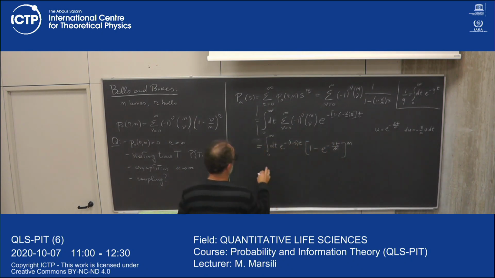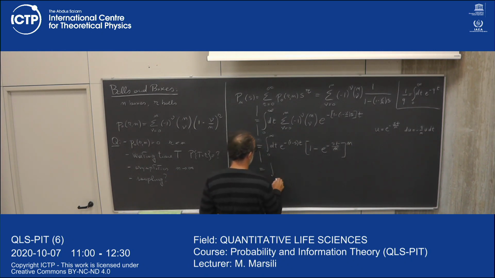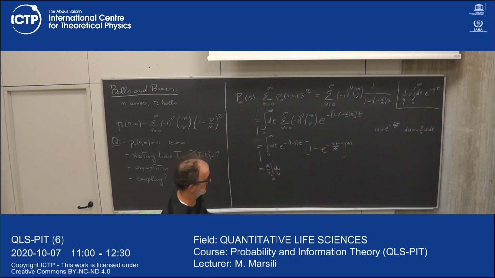So you can change the integral in t into an integral in u from 0 to 1, and then you have a factor n divided by s, which comes from the Jacobian.